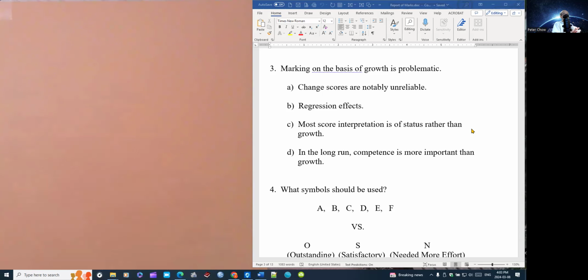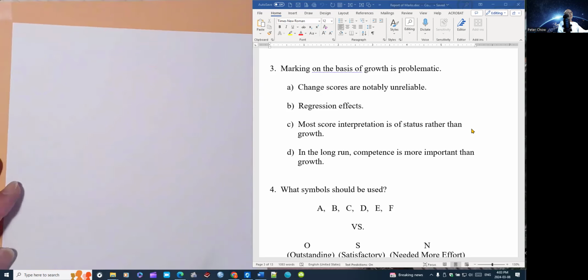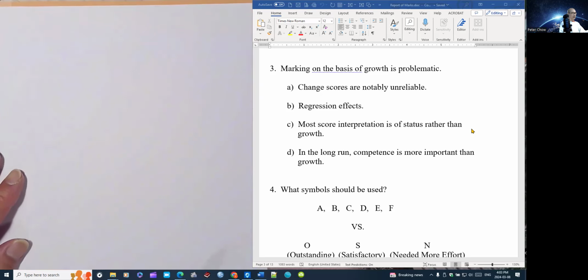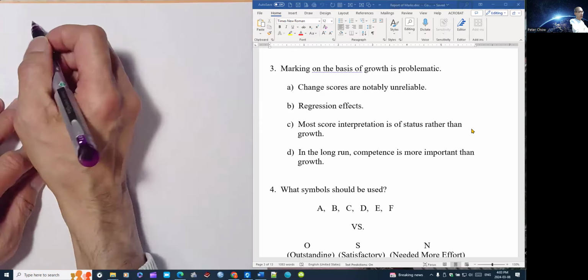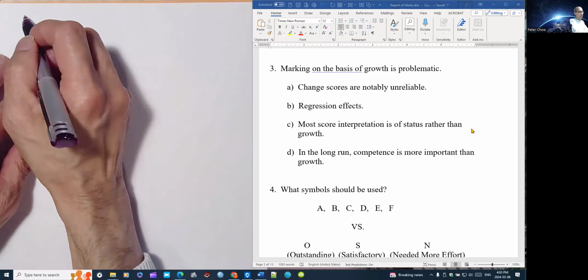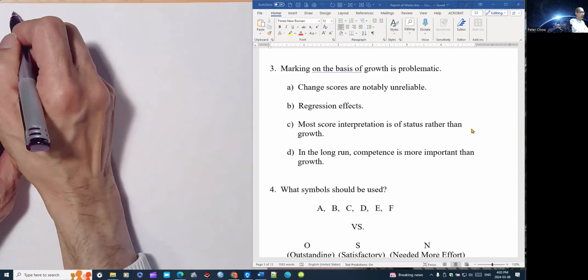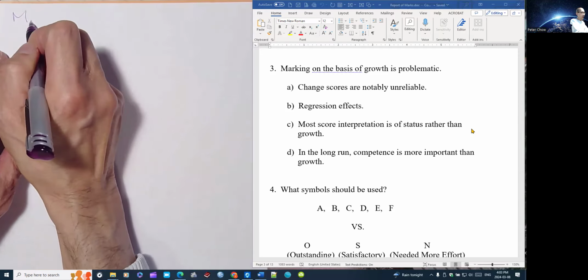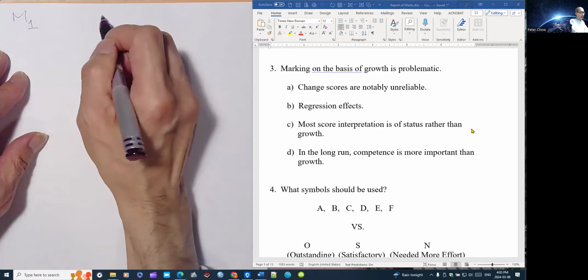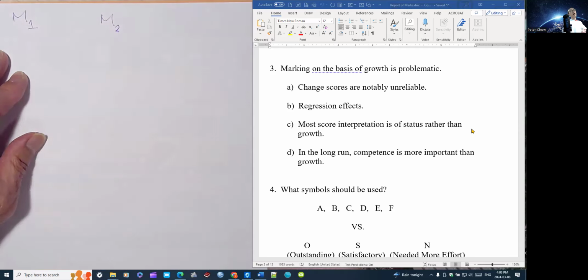Now, growth score first. What is it? Well, let's say when we mark growth, this is the first mark, and this is the second mark.